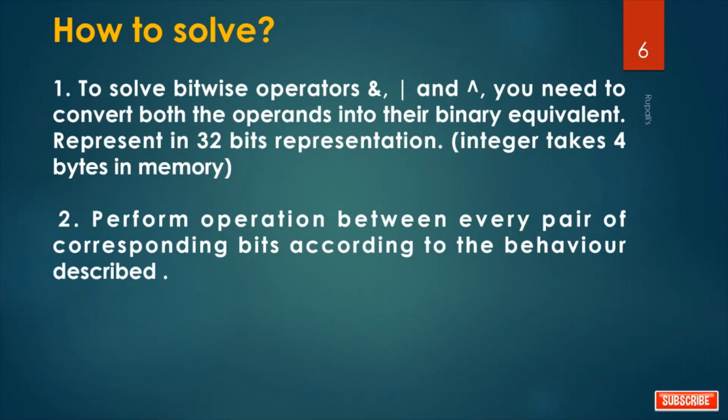It is 4 into 8, 32 bits. So first you have to represent each operand into their 32 bits representation. Then perform operation between every pair of corresponding bits according to the behavior described. If it is AND, then you have to solve it accordingly. If it is OR, then you have to solve it accordingly.